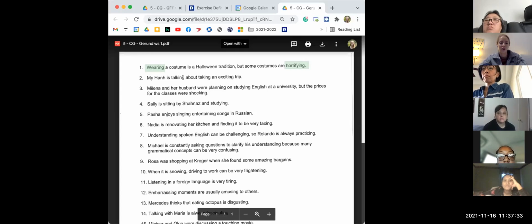So number 1, we have wearing. Is this a gerund? Yes. It comes at the beginning of the sentence, and usually a noun comes at the beginning of the sentence. So this one is definitely a gerund.